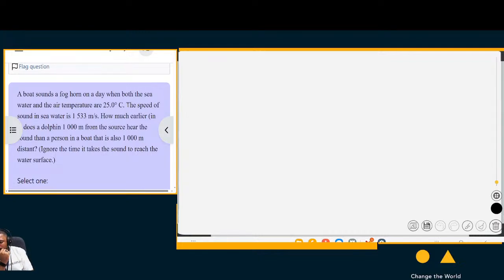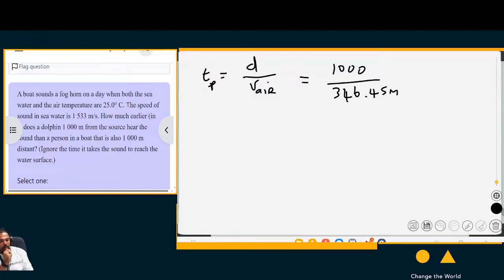Okay, so let's calculate how long it takes for the sound to reach the person first, and then how long it takes to reach the dolphin. The time it takes to reach the person would be the distance divided by the speed of sound in air. So it will be 1,000 meters divided by 346.45 meters per second.